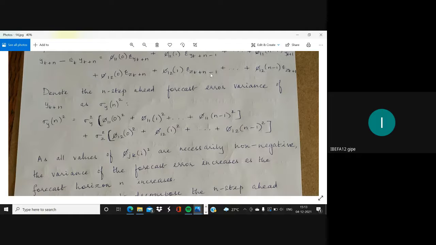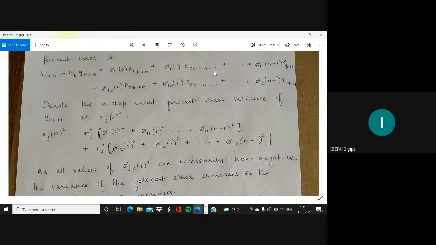Similarly, because in the yt equation you also have the lags of zt appearing, you'll have these terms associated with the zt variable. So now you can decompose your forecast error variance and find out how much of the error variance is because of the y variable, and how much is because of the z variable.